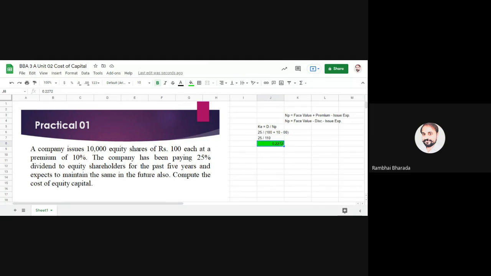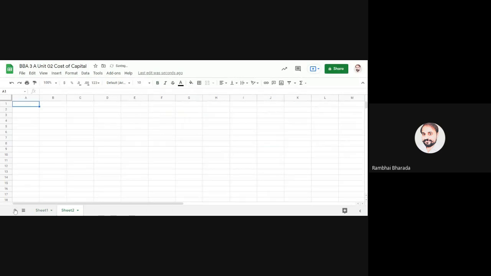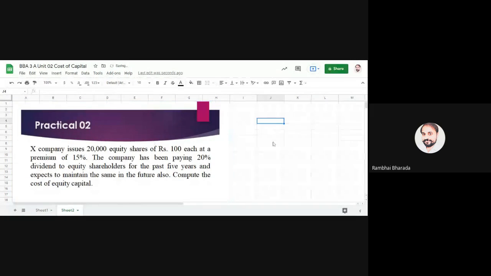Now, are you ready for the second question? Okay. Now, in the second question, I'm not going into those details. Directly, we find the details and we put the details in a formula. So, write down the formula here. Formula is KE is equal to D upon NP.